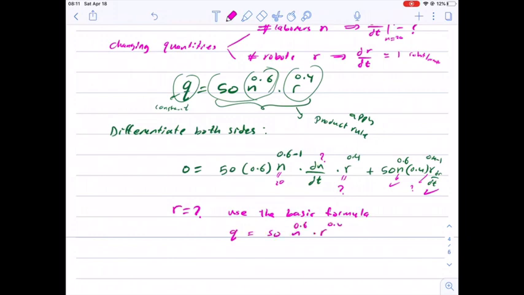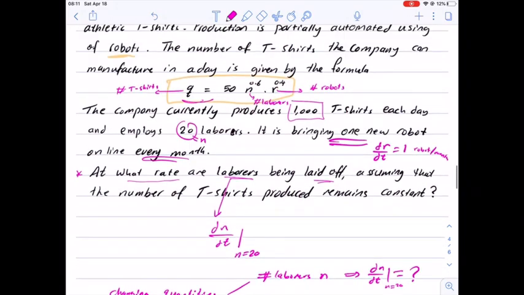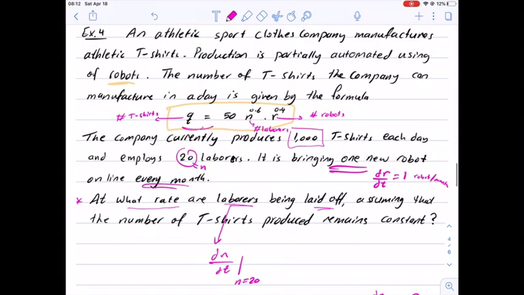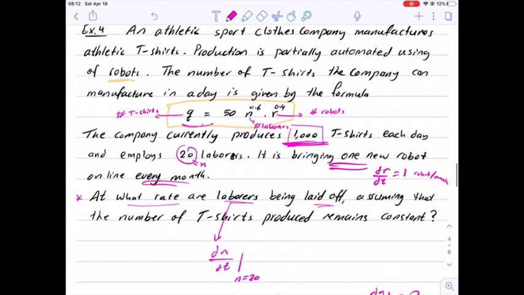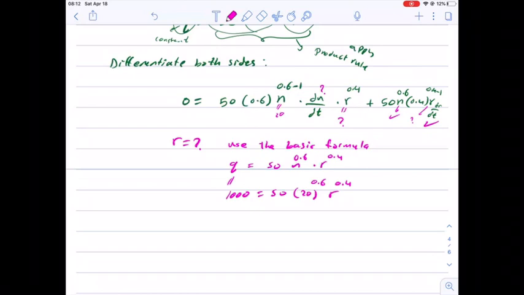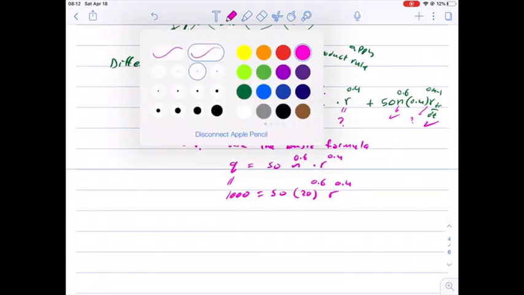The basic formula is Q equals 50 n to 0.6 r to 0.4. Now Q is 1000. 1000 equals 50 times 20, n is 20, to the power 0.6, r to the power 0.4.